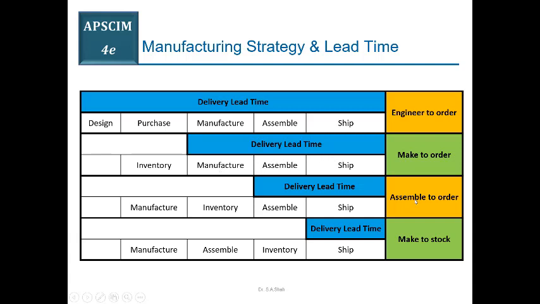Assemble to order में sub assemblies are there, so they start with the assembly operation. Sub assemblies are assembled and then they will be shipped to the customers. And make to stock को अगर आप देखें तो it is only the shipment time. So जो customer delivery time या lead time है, that is only the transportation time of the product from the company to the market.